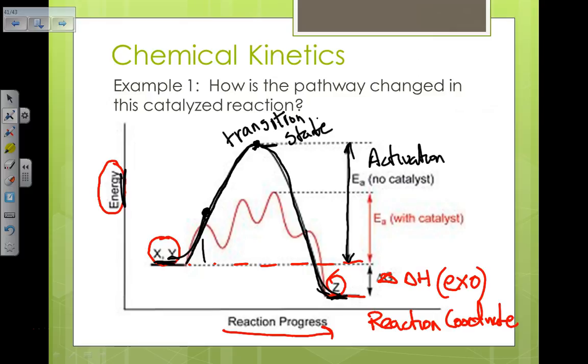So when I say that the transition state is found at the top of the hump, this is what the chemicals look like, and this is how much energy they have when they're going through the transition state. Now, before you get all bent out of shape, realize that what transition states look like is beyond the scope of this class.